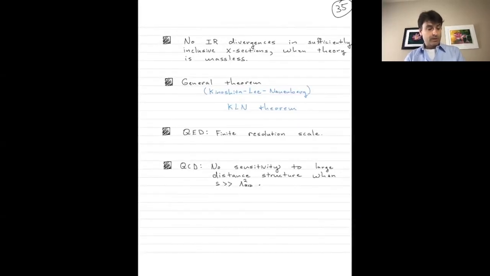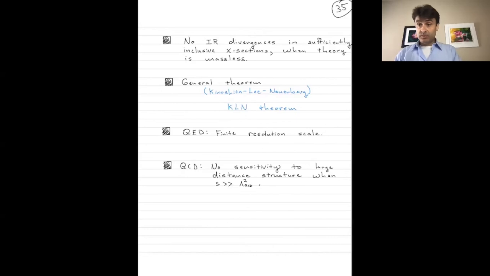Okay, so the general lesson is that we get rid of infrared divergences, and this works in the gauge theories, if we make cross-sections sufficiently inclusive. So you can see, say in Peskin and Schroeder, there's treatment of infrared divergences in QED, where these kind of things are sort of buried in there.